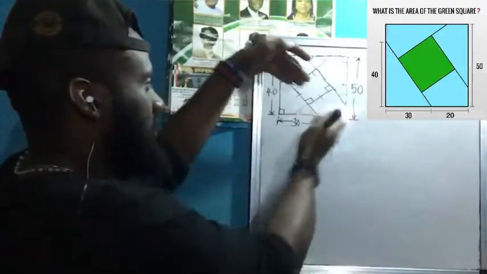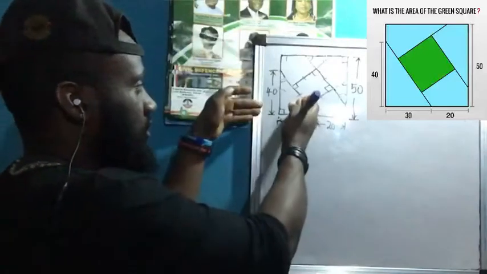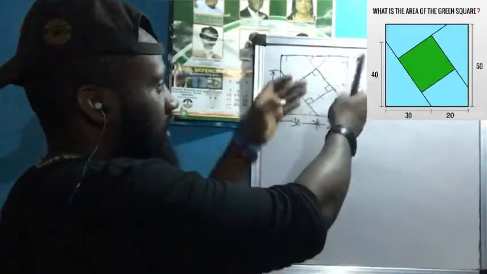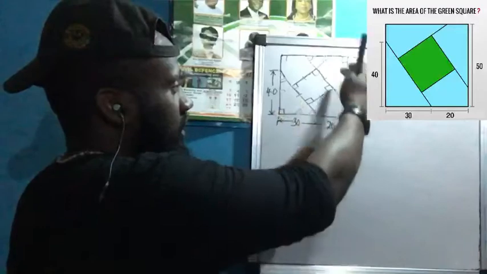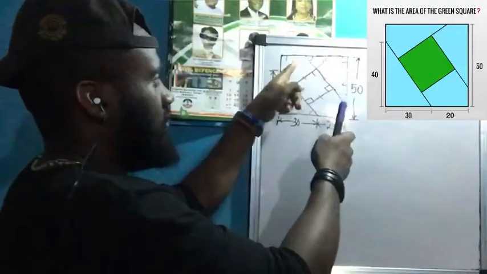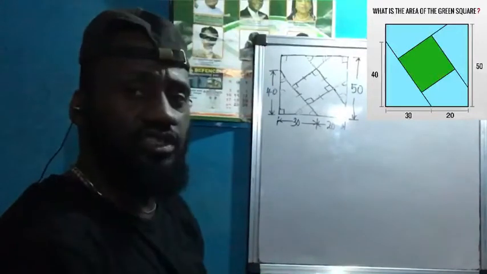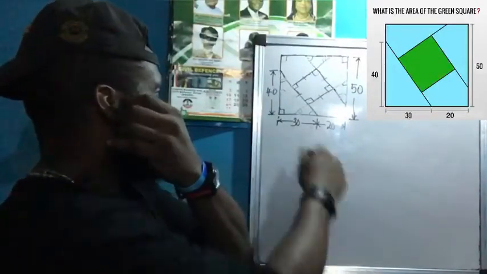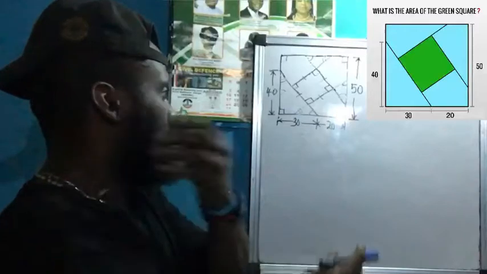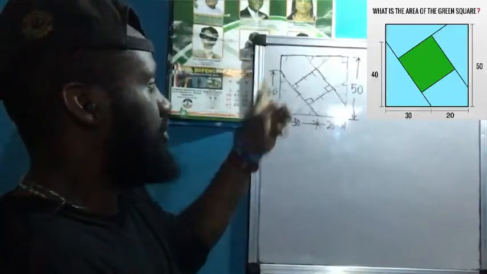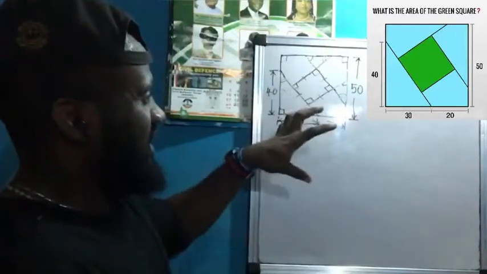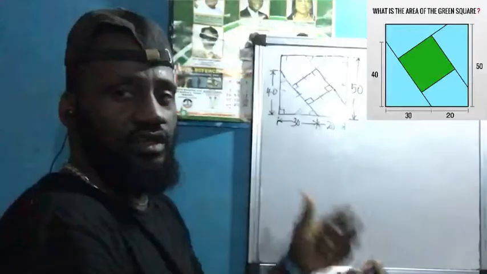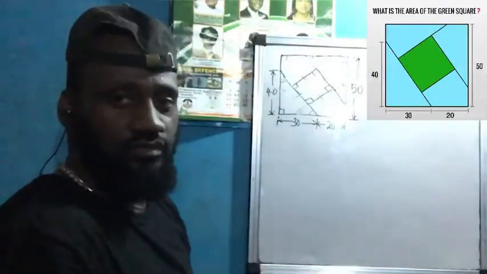So this one here is a 90-degree rotation of this one, and the next one is a 90-degree rotation of this one here, and the next one is a 90-degree rotation of this one here. So each consecutive right angle triangle at every consecutive corner of this big square is a 90-degree rotation of the other one.